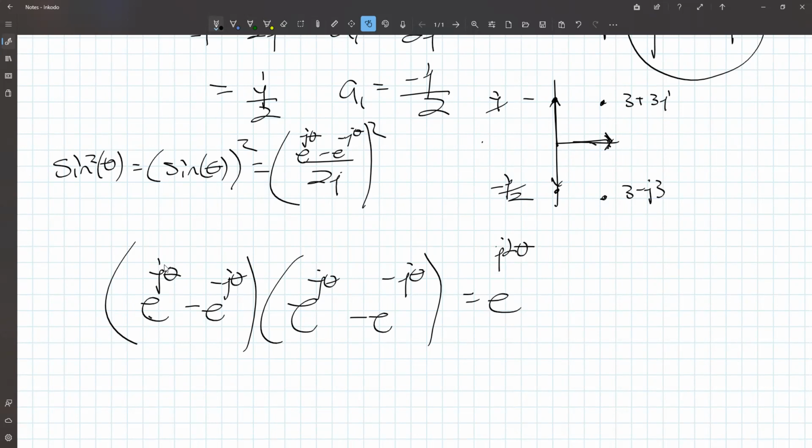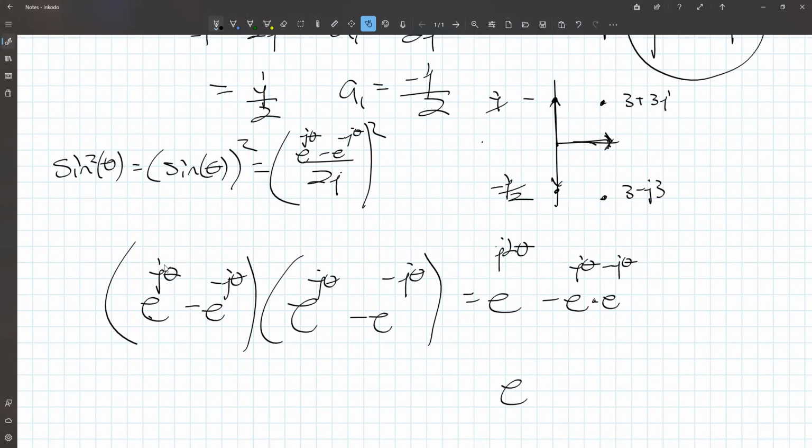That's plus, or I guess it'd be minus, so it'd be minus E to the J theta times E to the negative J theta, also known as 1, because this becomes E to the J 0.